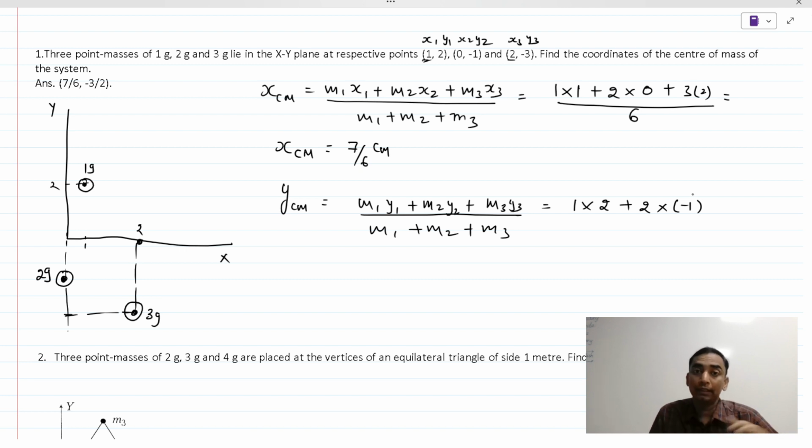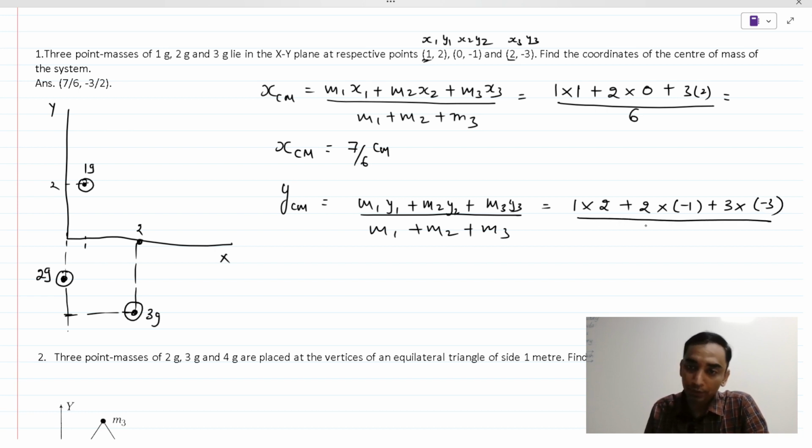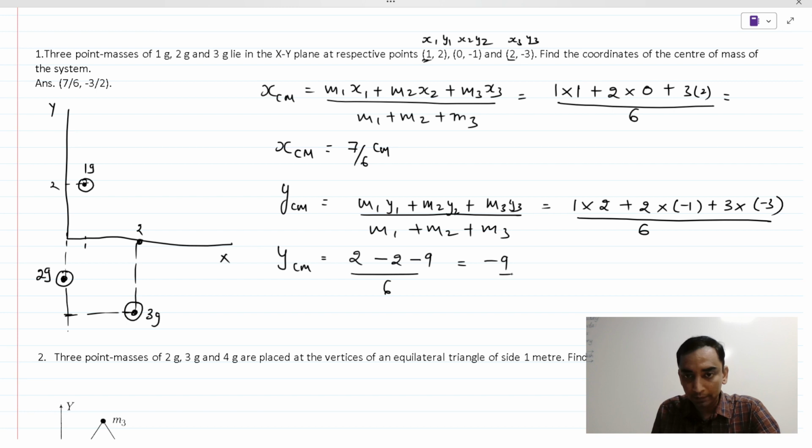Please be very careful with the sign, right? And m3 is 3 gram times y coordinate -3, upon m1 plus m2 plus m3, which is 6 grams. So ycm is equal to 2 minus 2 minus 9 upon 6. So it is -9 by 6, which is -3 by 2.